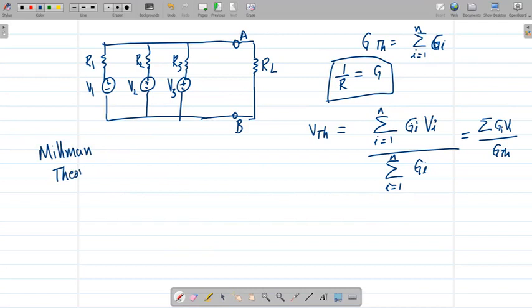It comes out of the nodal analysis and the Thevenin theorem. But if you come across this form of a circuit, then you don't have to go around doing complicated calculations. You have the direct formula that the Thevenin conductance is the sum of all the individual conductances, and the Thevenin voltage is directly sigma Gi Vi over G Thevenin.